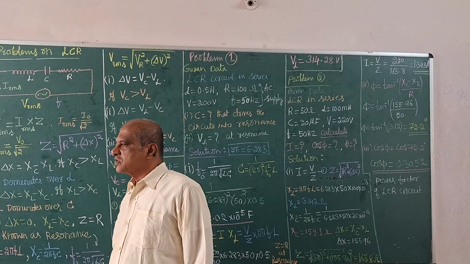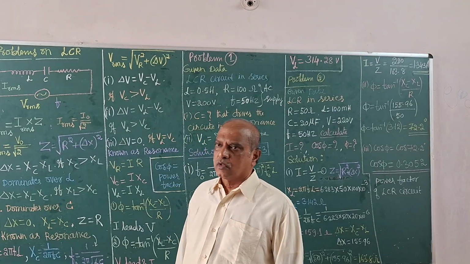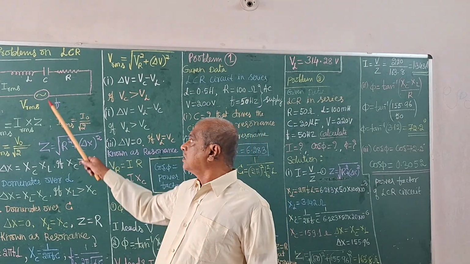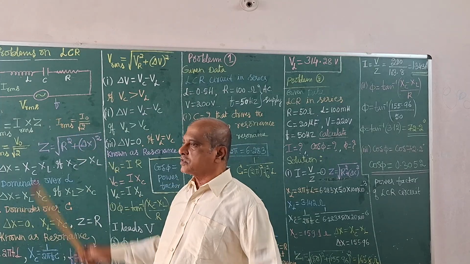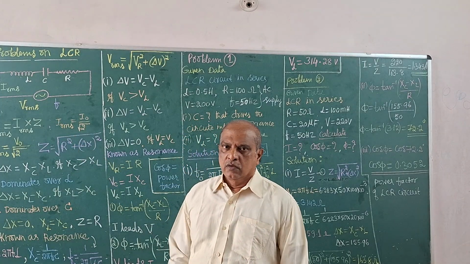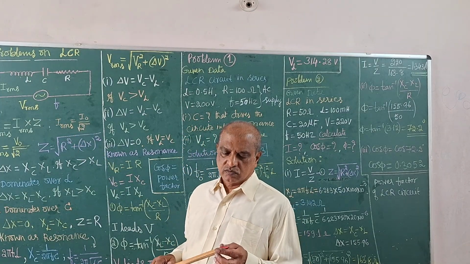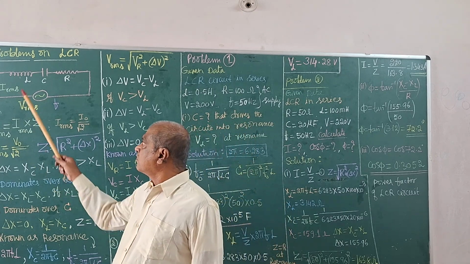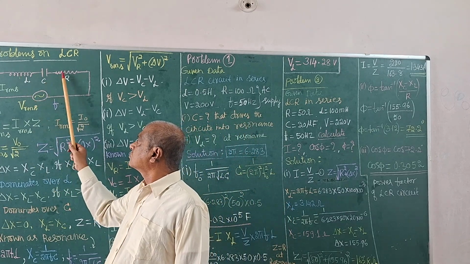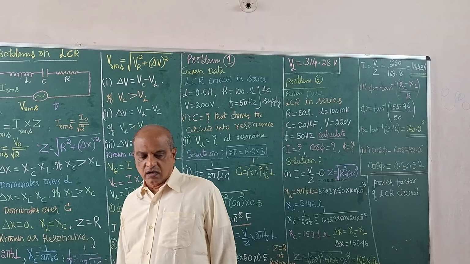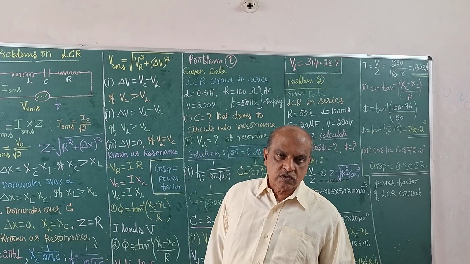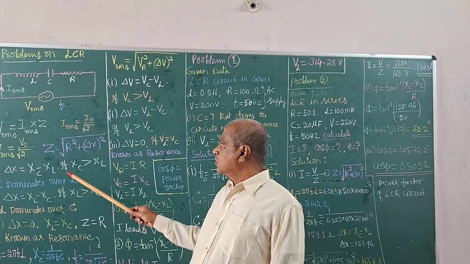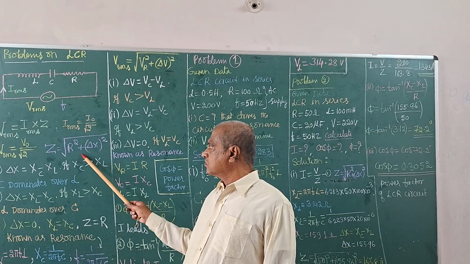If the source is DC, the total resistance of all the components in series is the sum of all the resistances. But it is not DC, it is a source of AC. In that case, we have to apply this summation.